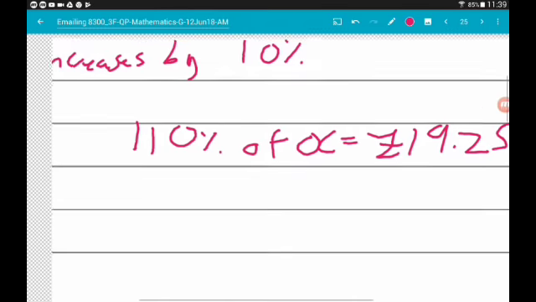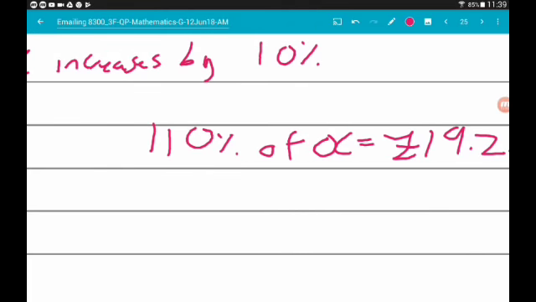So we're going to turn 110% into 10%. Now to do that, we divide by 11.